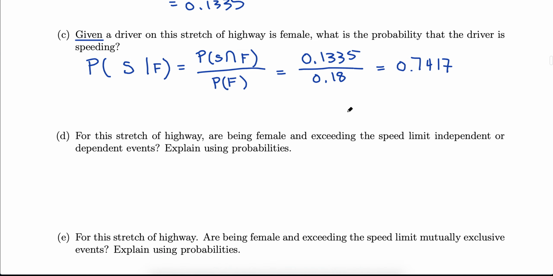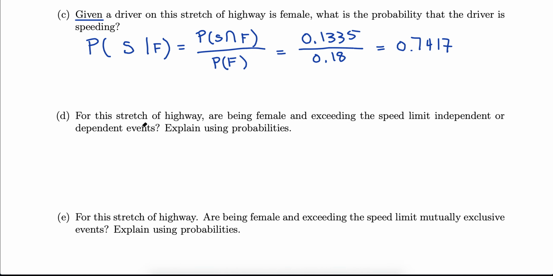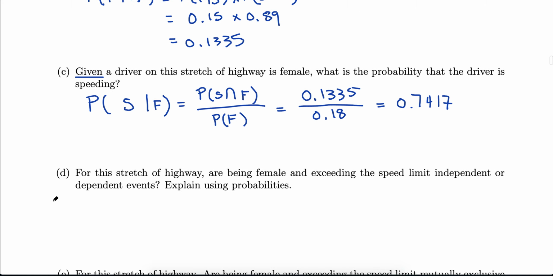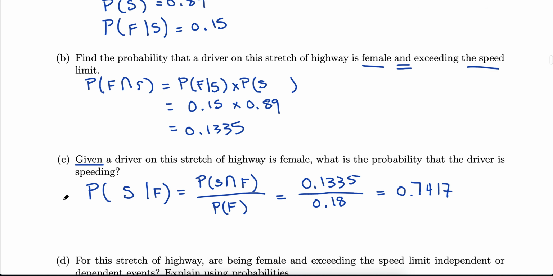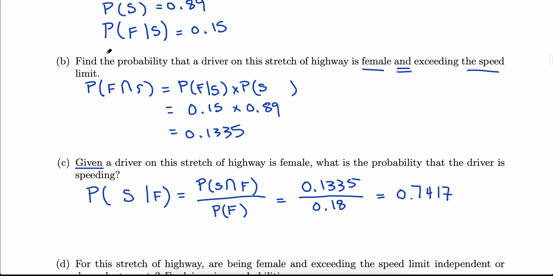All right, next bit. For the stretch of highway, are female and exceeding the speed limit independent or dependent events? So remember, independent is when the two sides of one of our 3 equations are equal. Dependent is when they are not equal. So choose any one of the 3. Doesn't matter to me. I'm going to choose one that requires the least amount of work.